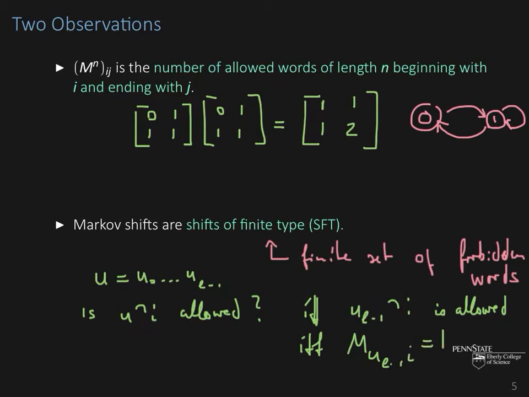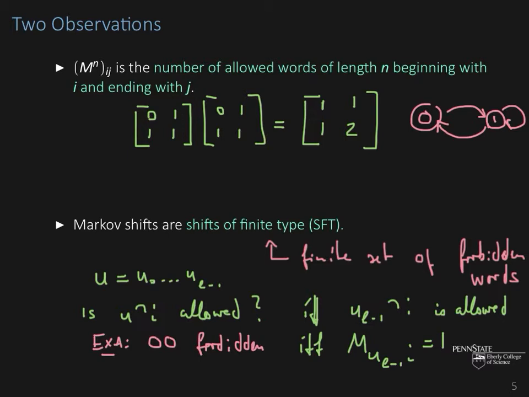But those are just finitely many configurations we have to check in the matrix. So there's a finite list of possibilities where this is 0. Here we only have one possibility. So in this example, we have the forbidden block 0, 0, the only forbidden block.